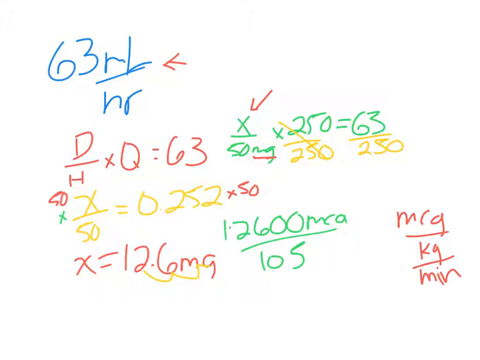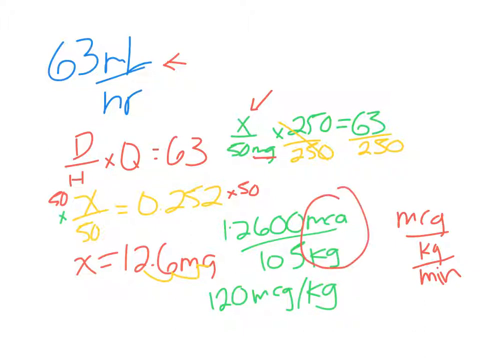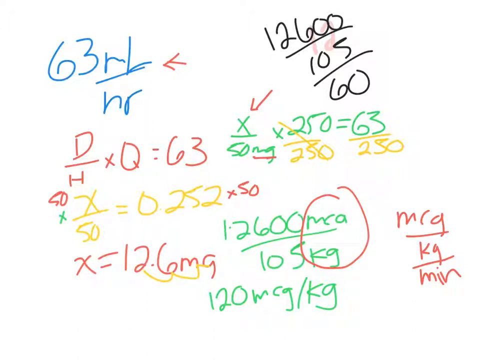So that means this person is getting 120 micrograms per kilogram right now. That's by dividing by kilograms. Then dividing that by 60. So 12,600 divided by 105, then divided by 60 is exactly what we're getting ready to do.